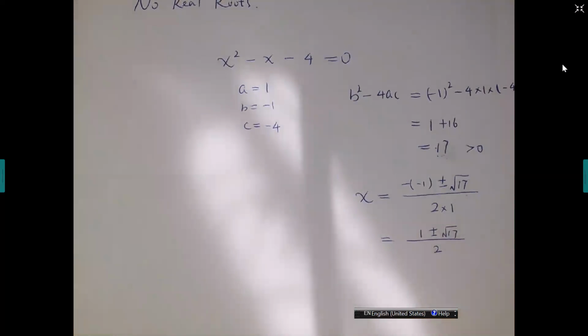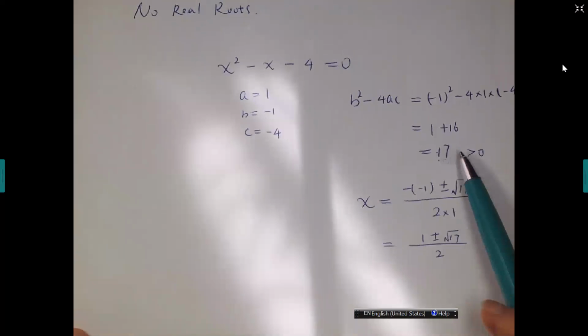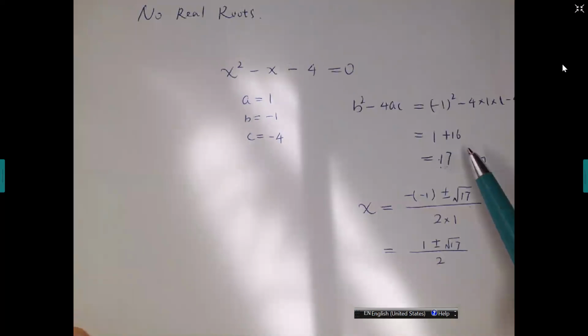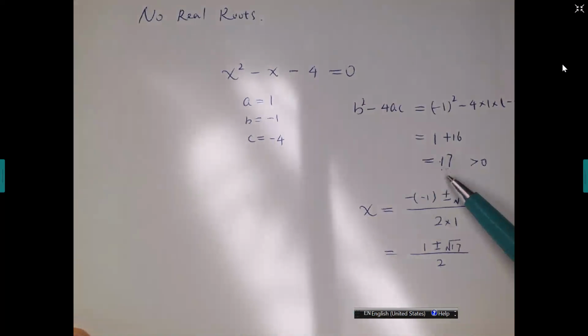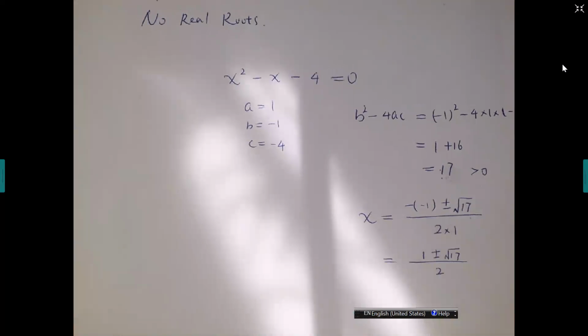So to check this delta, the indicator b squared minus 4ac, if it is greater than 0, you move forward, apply the formula, and plug them into the formula. If the indicator is less than 0, you can stop right away.